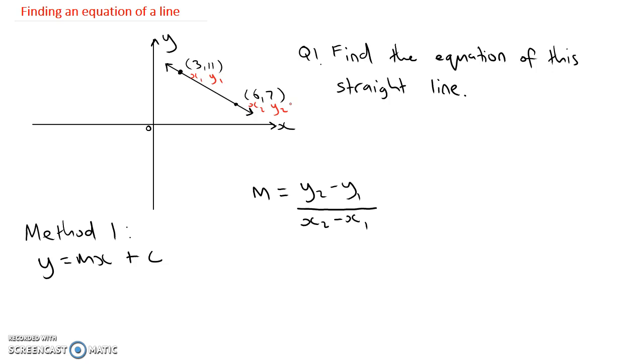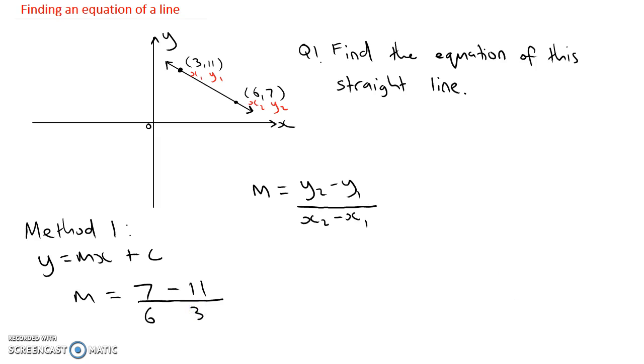Now, if we're to find the gradient, we will get m equals, our y2 is 7, our y1 is 11, our x2 is 6, and our x1 is 3.